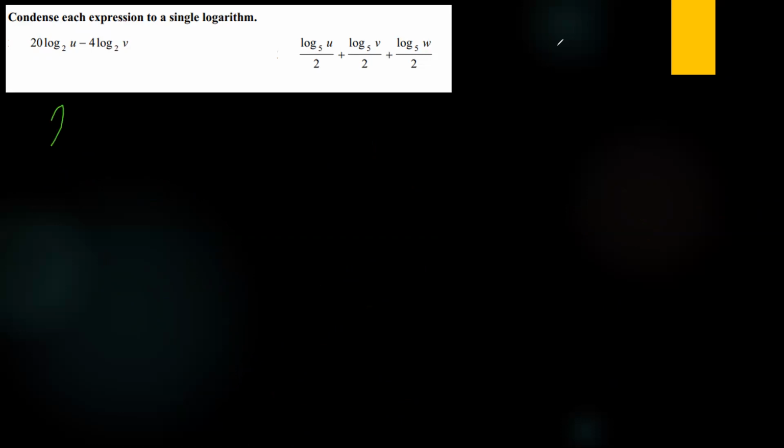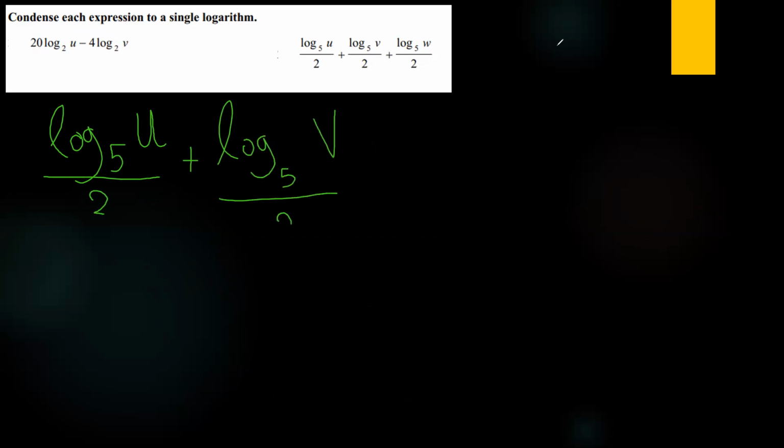Now, logarithm to the base 5 of u over 2 plus logarithm to the base 5 of v over 2 plus the logarithm, sorry, to the base 5 of w over 2. Now look at the first one here. We have logarithm to the base 5 of u over 2.